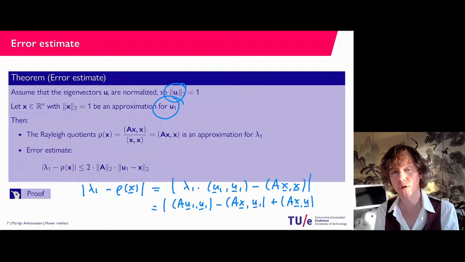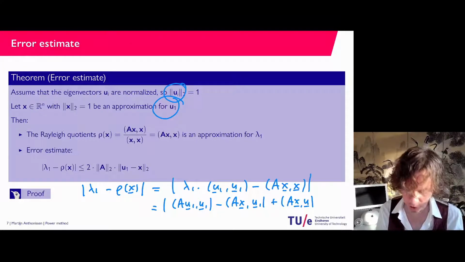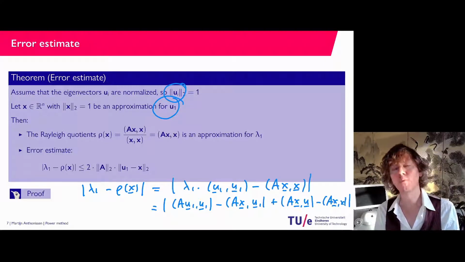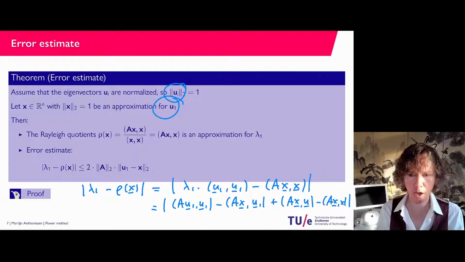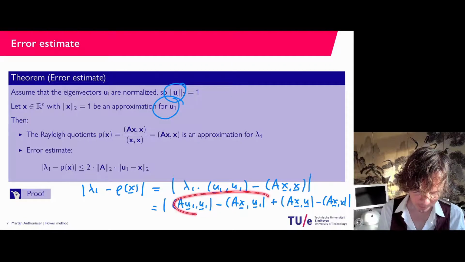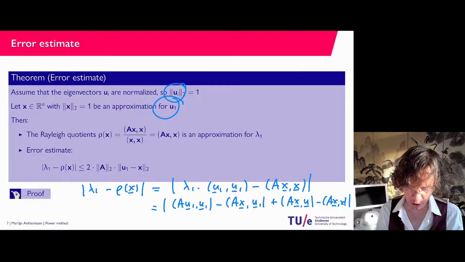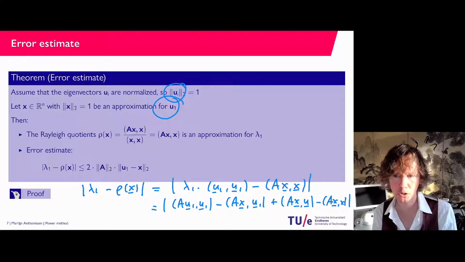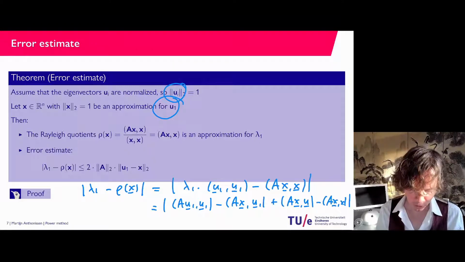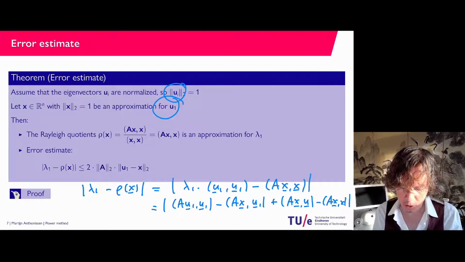So I just wrote an additional 0 there, because minus and plus cancel out. Minus Ax comma x, absolute value. And the reason I do that is because I want to compare these two. And I can compare them because the u1 in the second argument is the same. And I also want to compare these two. I can also group them together because the Ax here is the same. So I'm going to do it on the next page, otherwise it gets unreadable. Let me get some more paper.